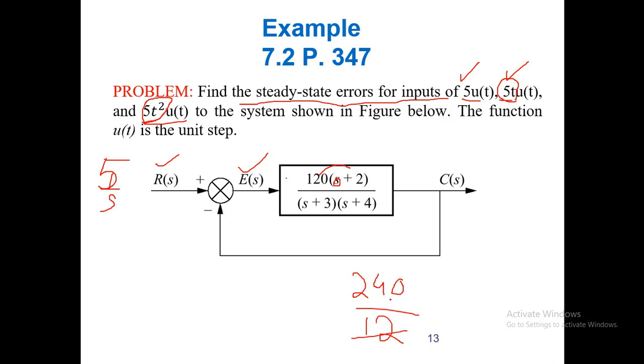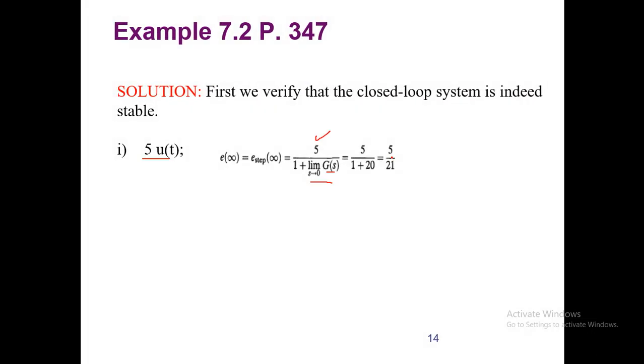So if you do this, you will be getting 20. So G becomes 20 by putting S equal to 0, because you know that the limits are applied to 0. So this G becomes 20. So the whole steady state error will come out as 5 by 21.